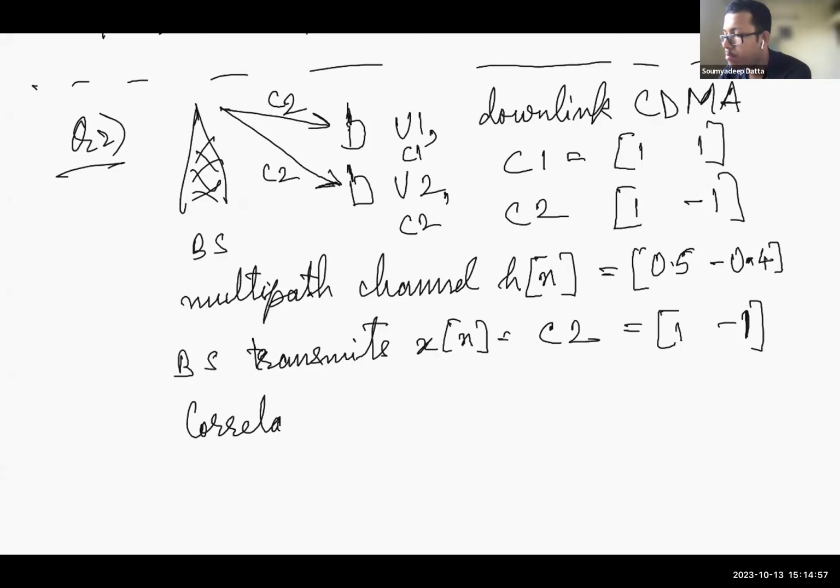And you can see that this quantity is the same as what I had written here: Q by SINR target times 1 plus alpha nu. Same thing.